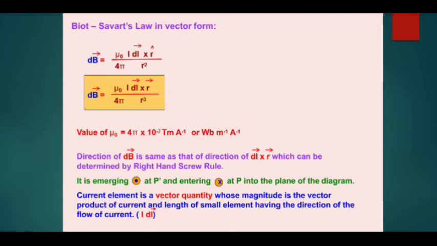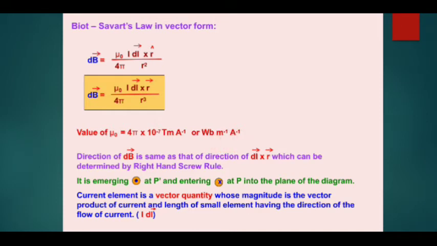That's why dB is equal to mu naught I dl into r divided by 4 pi into r cube. The value of mu naught in free space is equal to 4 pi into 10 power minus 7 Tesla meter ampere power minus 1, or otherwise Weber meter power minus 1 ampere power minus 1.